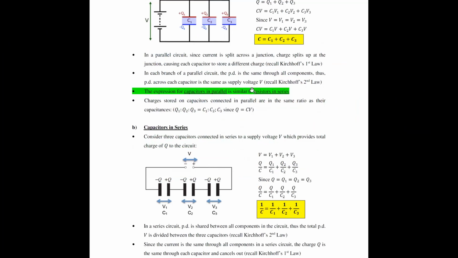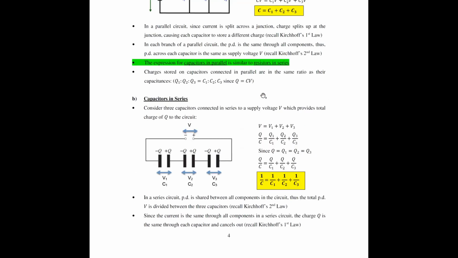Now for capacitors in series, you consider three capacitors connected in series to a supply voltage V, which provides you a total charge Q to your circuit. So in your series circuit, PD is shared between all components in the circuit according to Kirchhoff's second law.